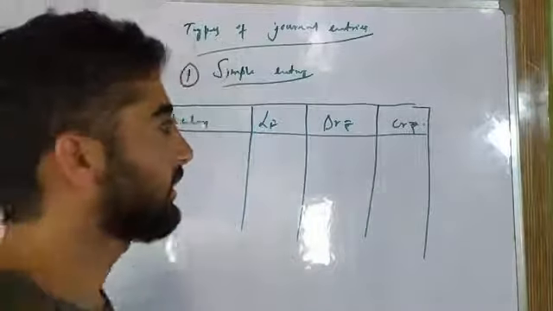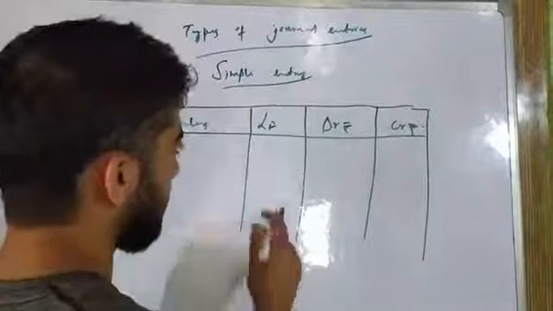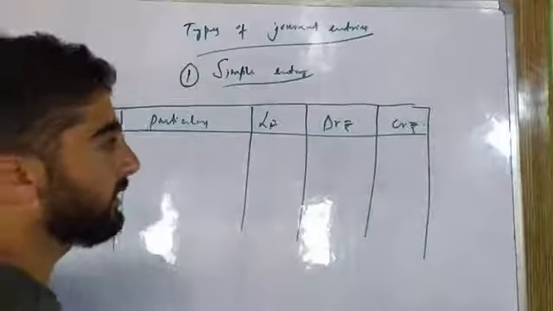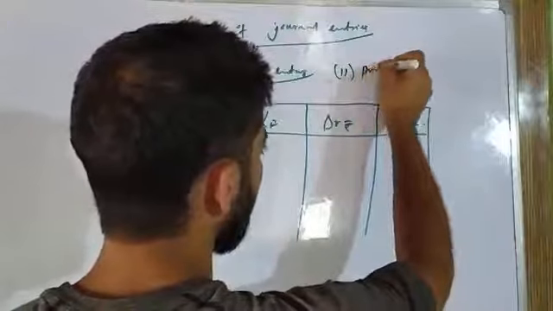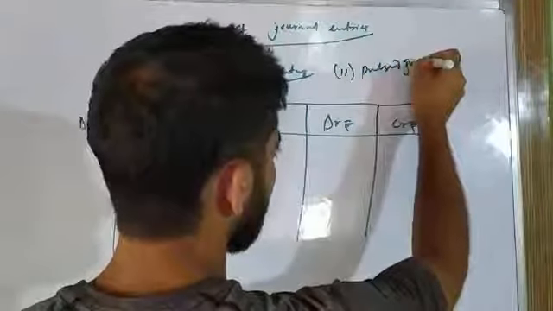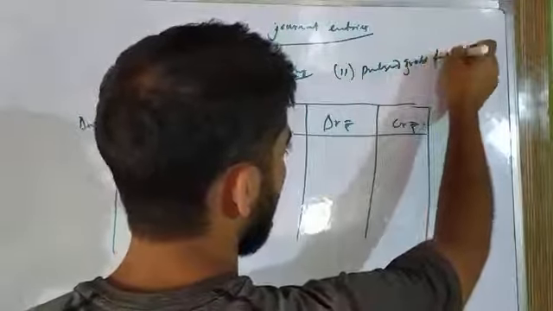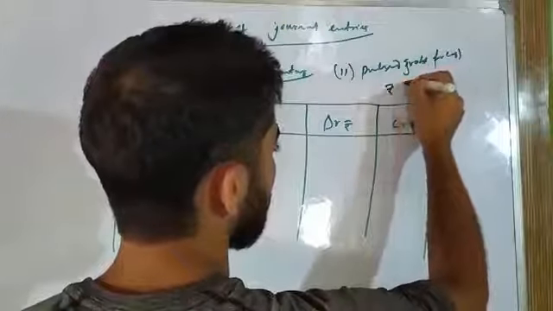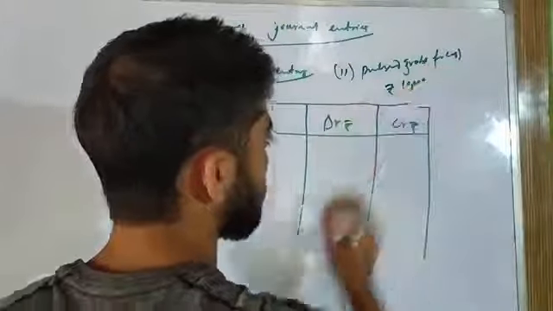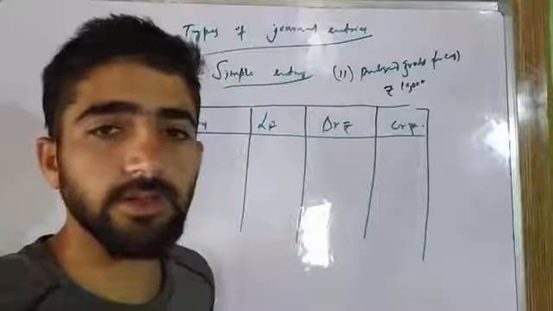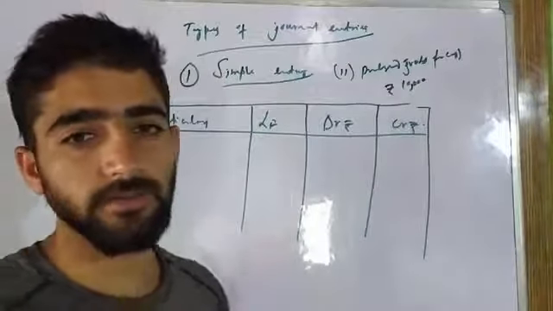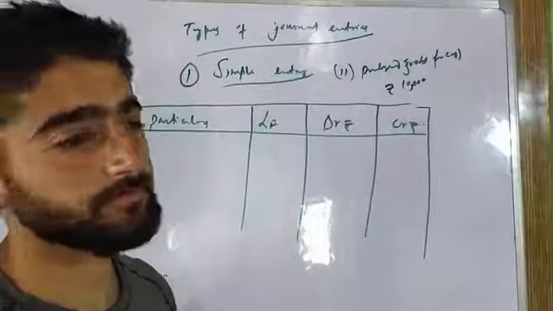For example, let us take an example regarding this simple entry. There is a transaction: purchased goods for cash rupees 10,000. This is a transaction in which only two accounts are affected, and in which we will make a simple entry.